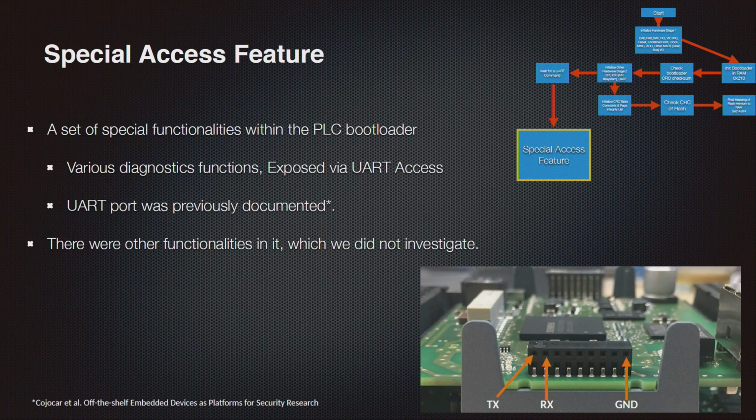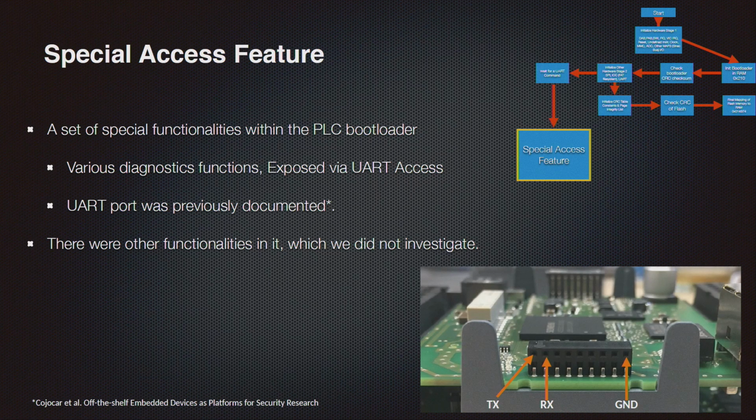All right, now that we looked at the firmware functionality, let's get into the meat of what we found inside the bootloader itself, as we said, which is a special access feature which we found. It turns out if you hook up some cables just right, you get a UART connection to the device, as you can see on this picture. I was looking at the bootloader functionality, and at some point I understood what it did.